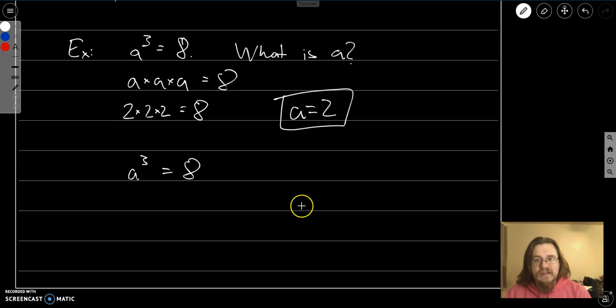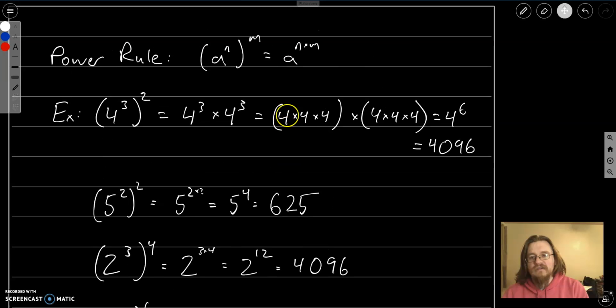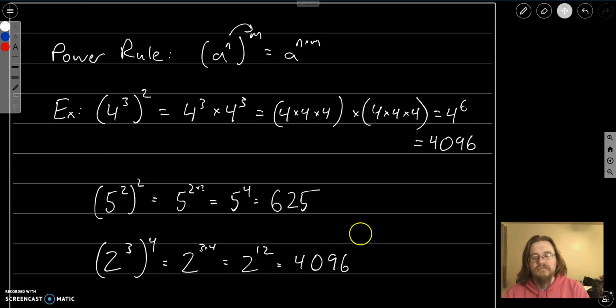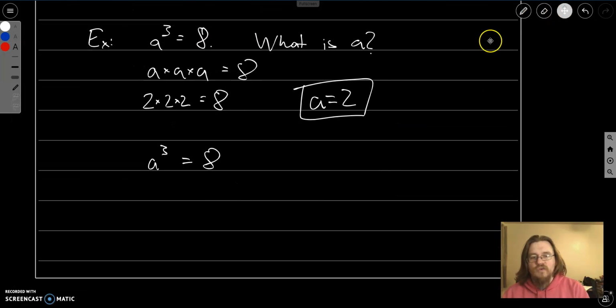Well, I can undo addition by subtraction, I can undo multiplying by dividing. How do I undo raising something to the 3rd power? I'm going to use the rule that we just learned. If you raise an exponent to another exponent, we multiply.